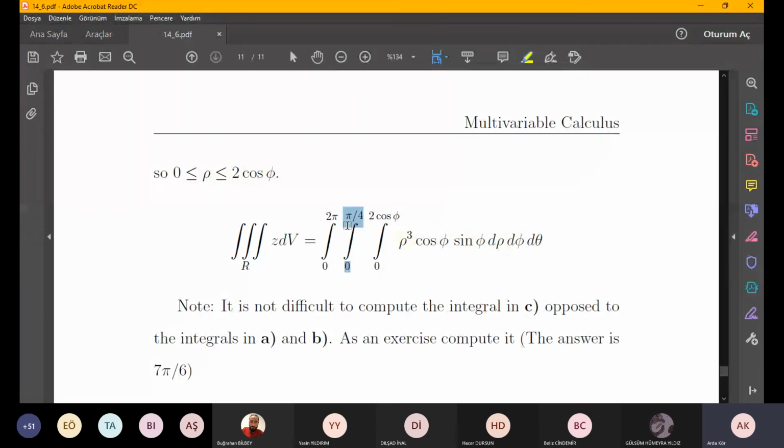So you can express the triple integration over R of the function z in spherical coordinates.